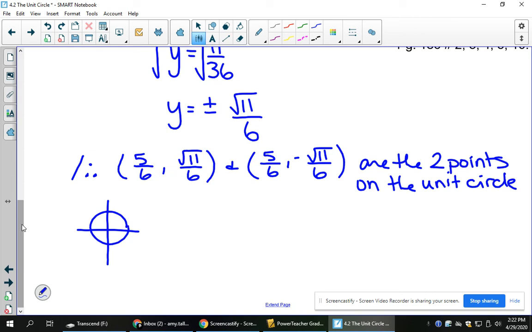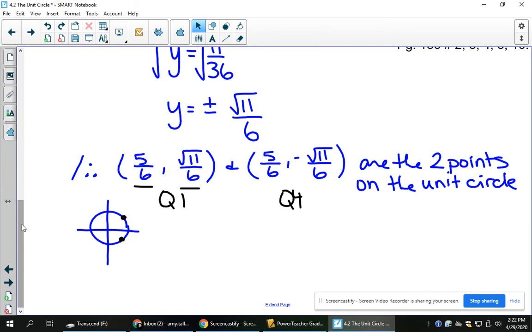This is a circle. You have a point at positive 5/6, positive root 11 over 6, somewhere here in quadrant 1. You also have a point at a positive x and a negative y, somewhere in quadrant 4. That's all this is saying, is that you've got 2 points that are both going to work on the unit circle. And it comes from that fact that when you square the negative y value, it becomes positive anyways, giving you the same numerical value.